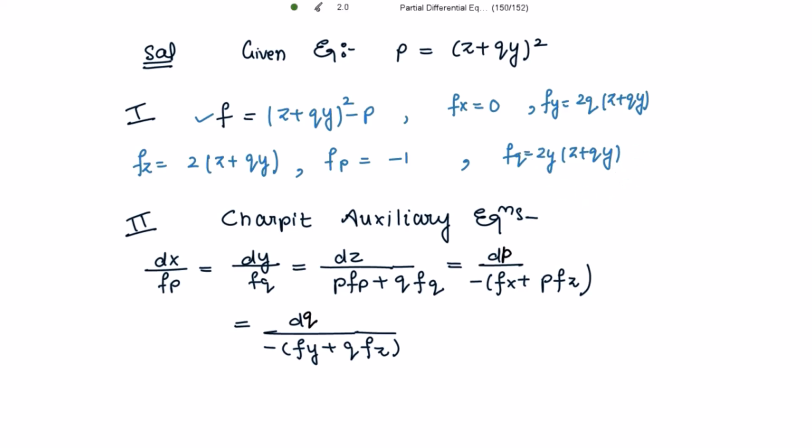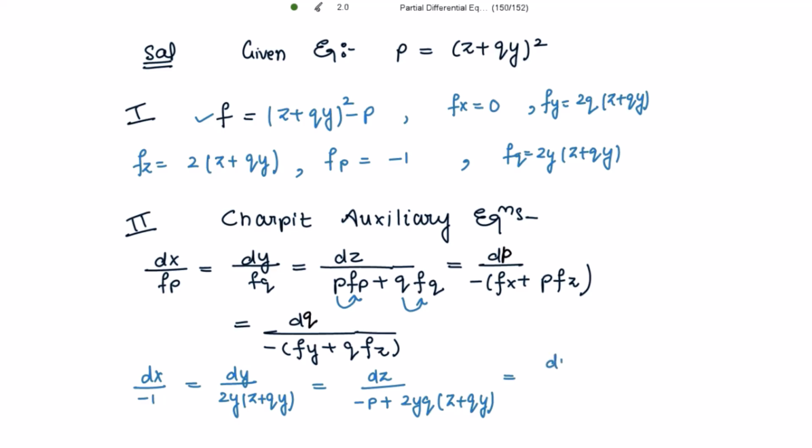Now putting all these values in the auxiliary equations: dx divided by fp, that is minus 1, equals dy divided by fq, that is 2y into (z plus qy), equals dz divided by p multiplied with fp, that is minus p, plus q multiplied with fq. So it is 2yq into (z plus qy), equals dp divided by negative of fx, that is 0, plus p multiplied with fz, so this is 2p into (z plus qy).